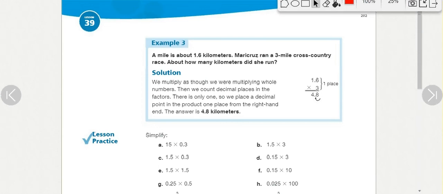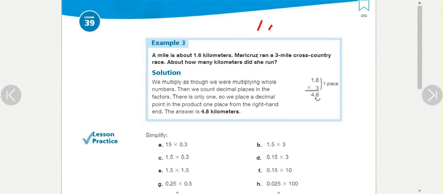A mile is about 1 6/10 kilometers. Mara Cruz ran a 3-mile cross-country race. So how many kilometers? A mile is about 1 6/10 kilometers. That's a 6.